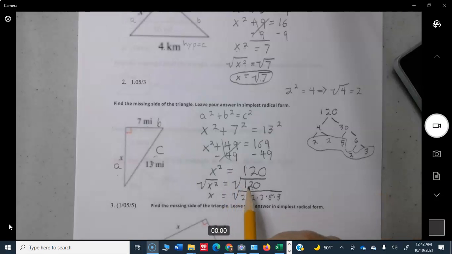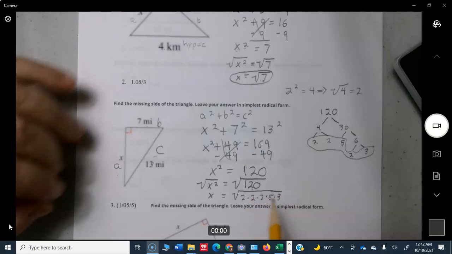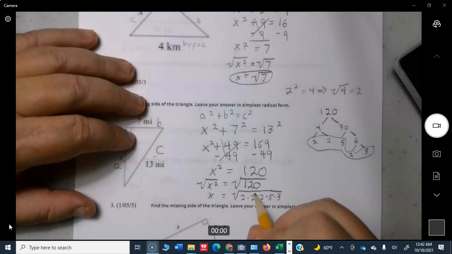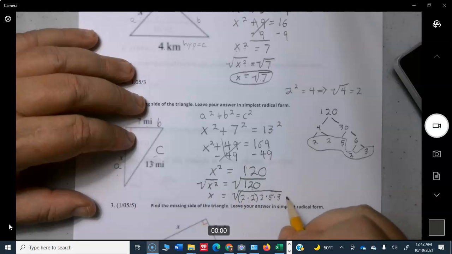Now, to simplify a radical, you have to take anything that you can get out of the radical out. And the rule for this is pair them up and pull them out. So you find any two numbers that are the same here. You have a 2 and a 2. So 2 times 2 is 4, and the square root of 4 is 2. So this is going to equal 2 times the square root.